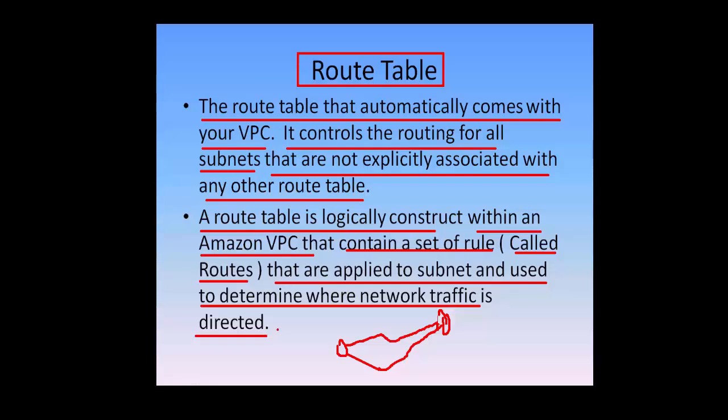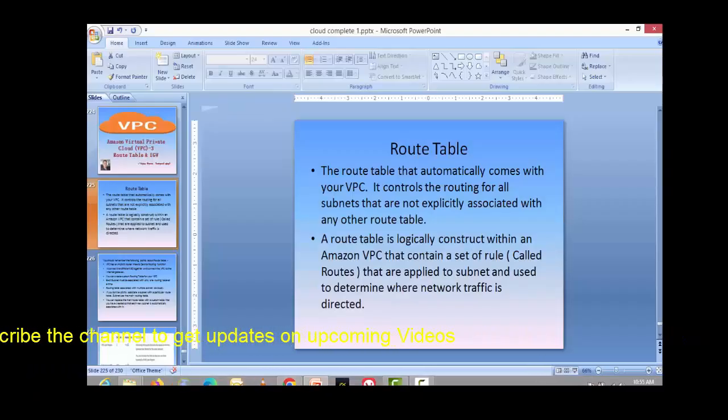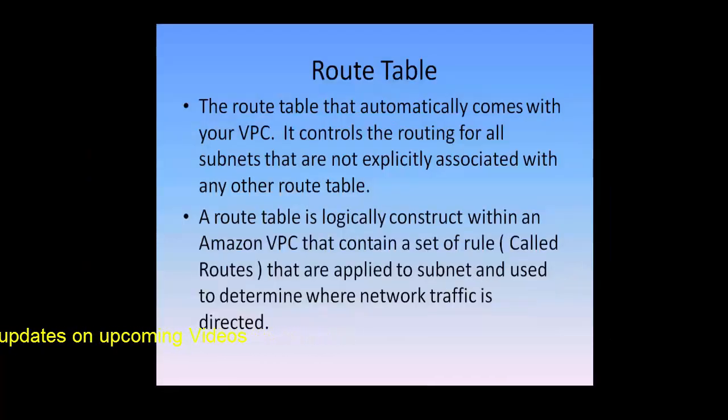So a route table is just a simple database of different routes that automatically gets created when you configure a VPC. Hope it is clear. It's a very simple definition I tried to give about the route table.